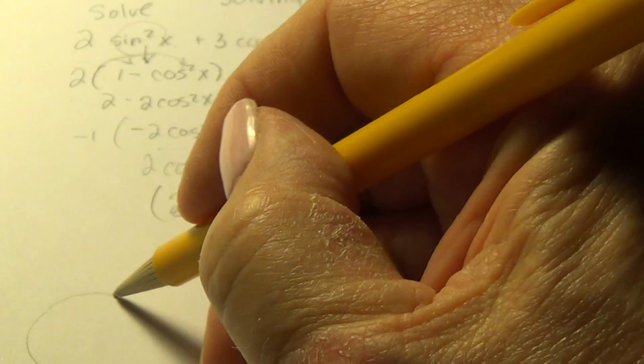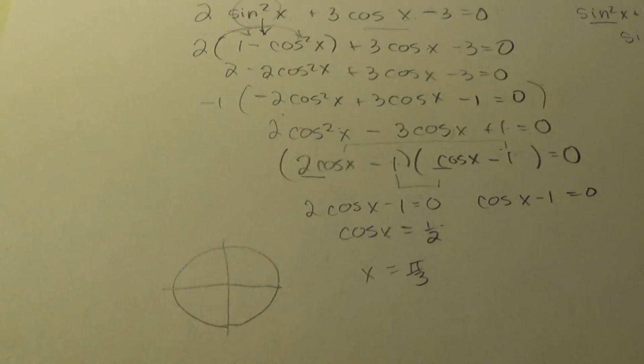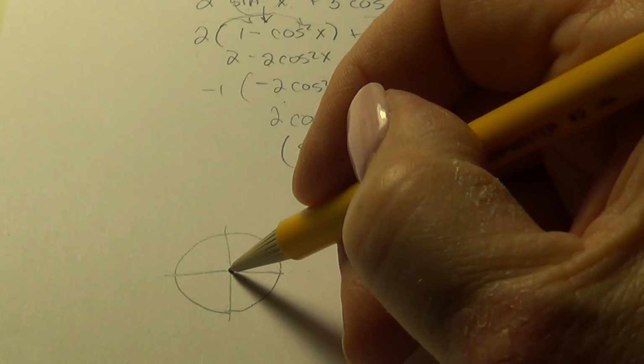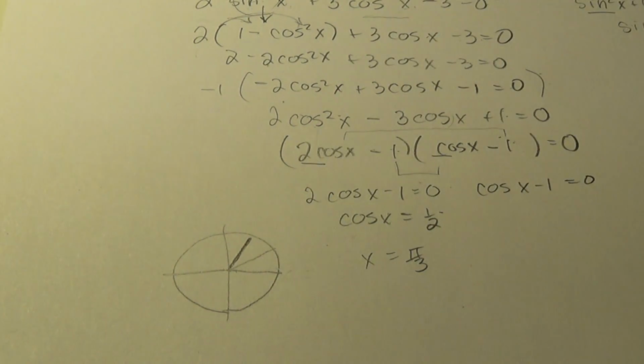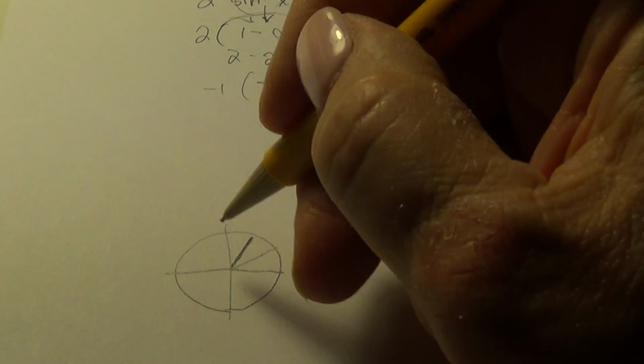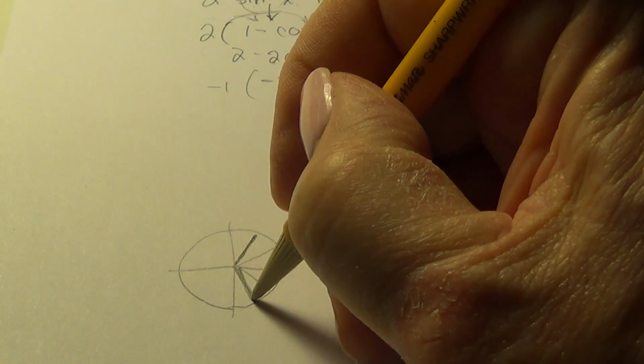So if I was drawing the unit circle, it will happen not there, but there, pi over 3. And also it will happen at 5 pi over 3, so right there.